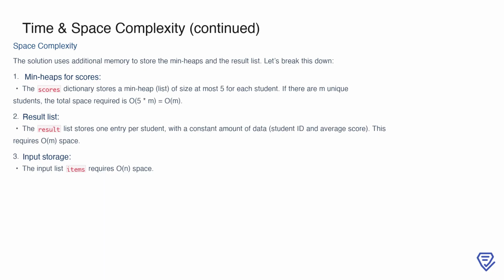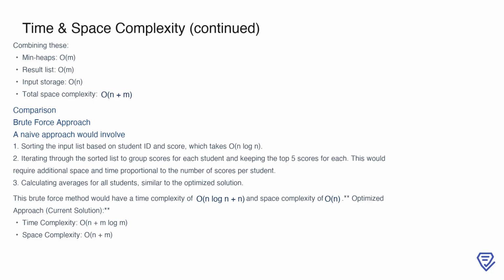Finally, the input list itself requires O(n) space. These 3 components contribute to the total space complexity of O(n + m). Combining all space considerations, we have m space for the min heaps, m space for the result list, and n space for the input list, resulting in an overall space complexity of O(n + m).